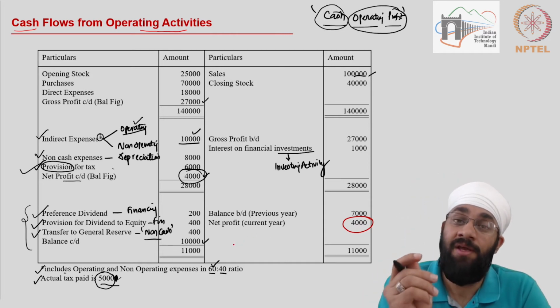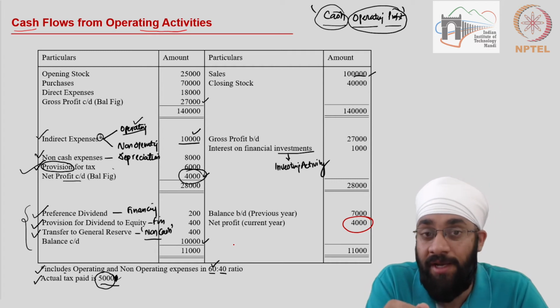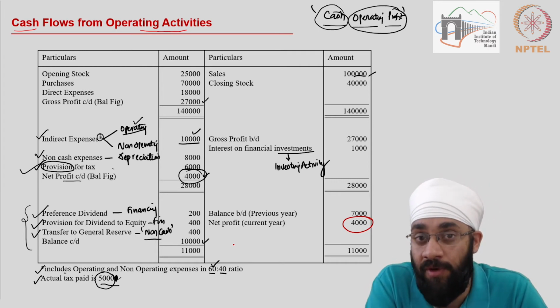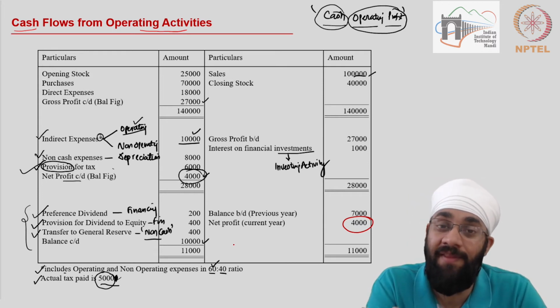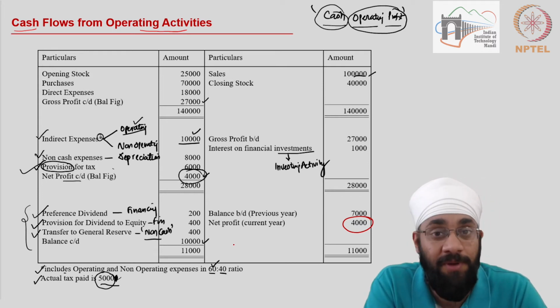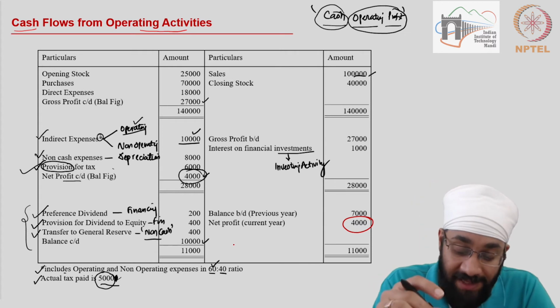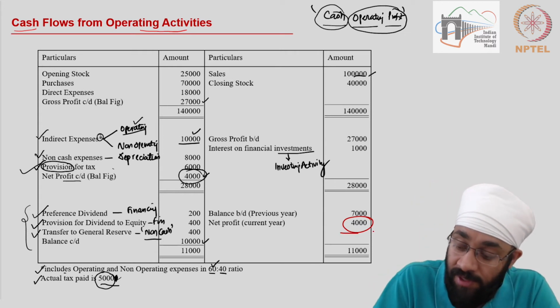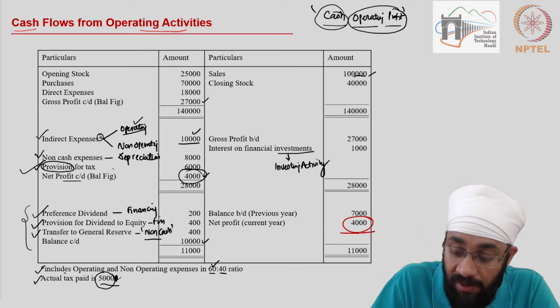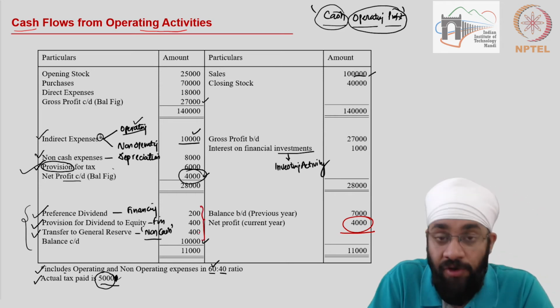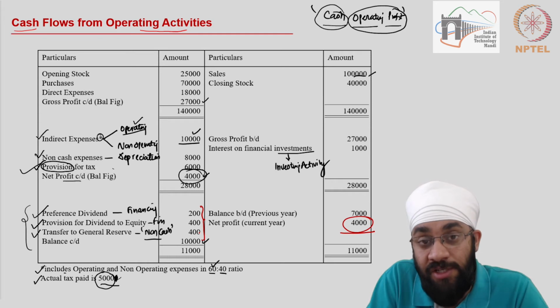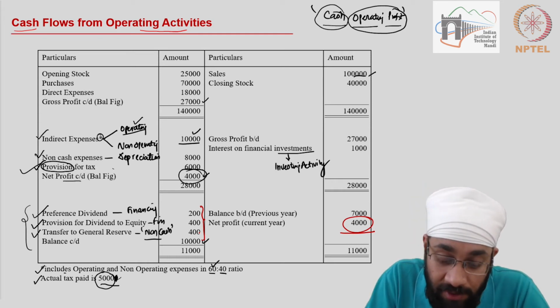If you remember, in one of the previous videos we looked at the cash flow statement of Reliance Industries, and we started with profit during the year, and then there were some adjustments which were being made. What are those adjustments? The adjustments are made to this profit figure. The adjustments are made for all the non-cash transactions, all the non-operating transactions.